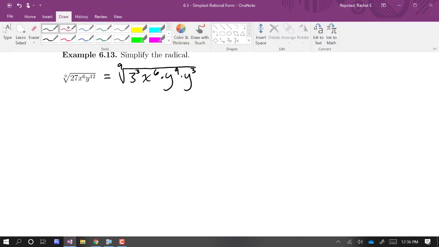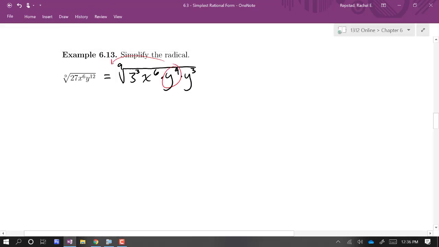And now I could take out this y to the 9th. So there's the y. That goes away. But everything else seems to stay, because I don't have any more perfect 9th powers.